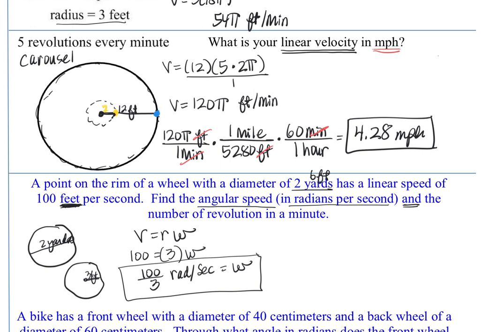How many revolutions is that? Well, if you remember, this would be theta over t, and theta just has to be in radians. So if I want to go from radians to revolutions, I can just divide by 2 pi.